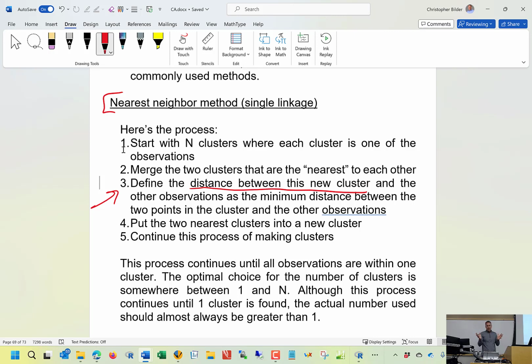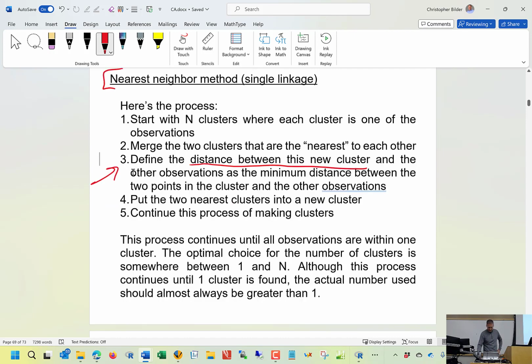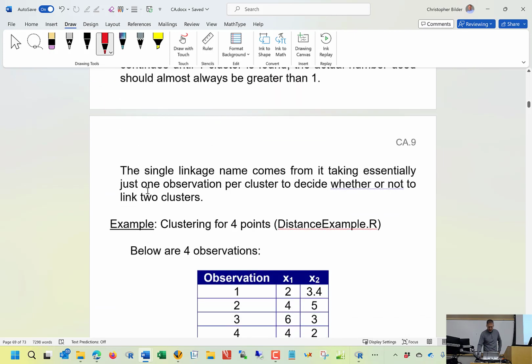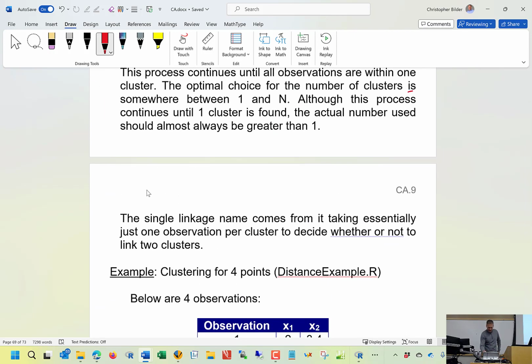And so I put the 2 nearest clusters now into a new cluster. And I continue this process until everything is in one cluster. But the key is, at some point, and we'll get to it eventually today, I'm going to need to figure out that I don't actually want to go to just one cluster. I want to stop somewhere before then.